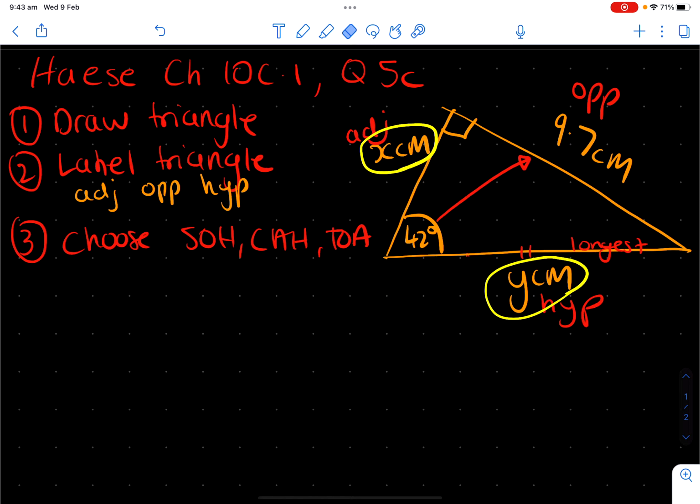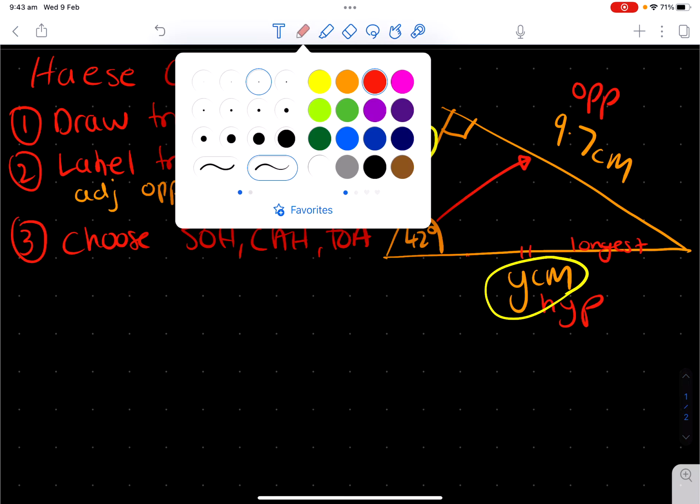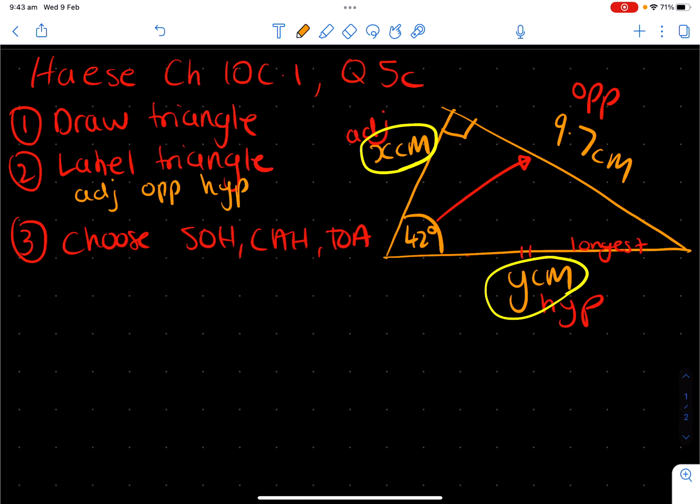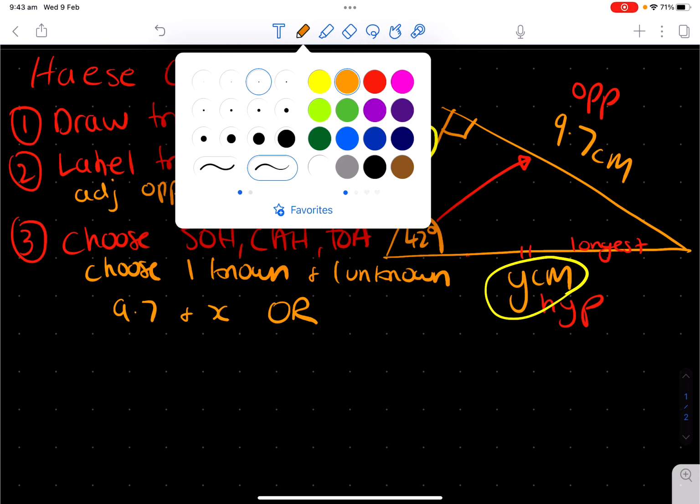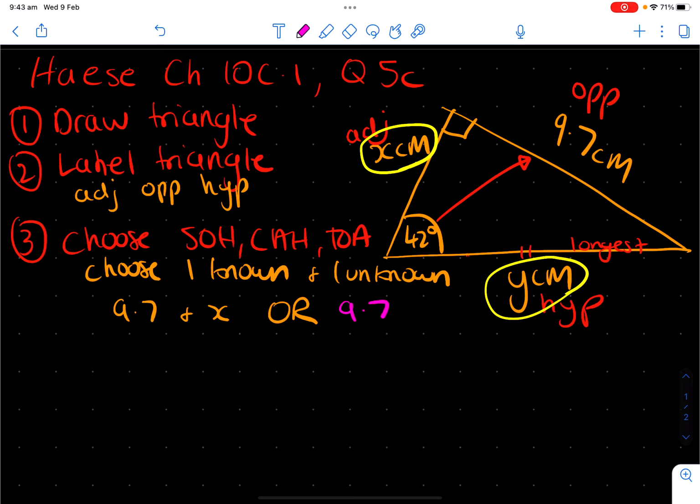Instead, you need to choose one known and one unknown. So right below here, choose one known and one unknown. Now, an example of this is 9.7 and x, or 9.7 and y.